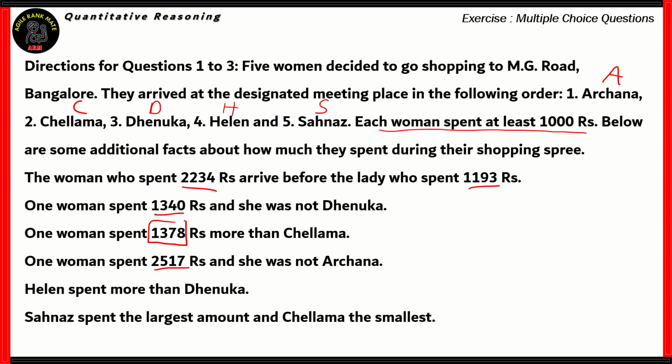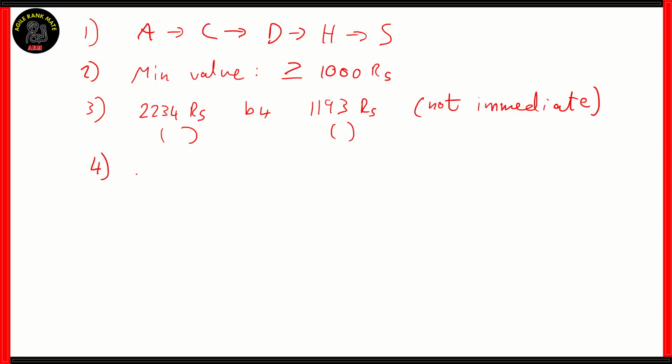This value 1378 is not a value that's spent by someone, it's actually the difference between two values. So if we look at spent values, we see that we have 2234, 1193, 1340, and 2517.